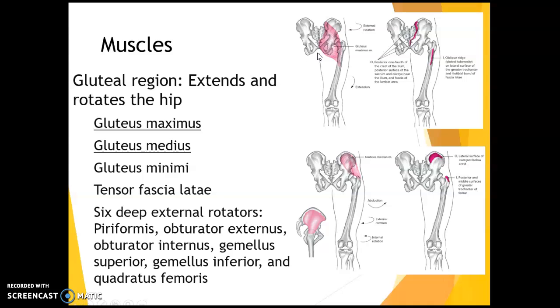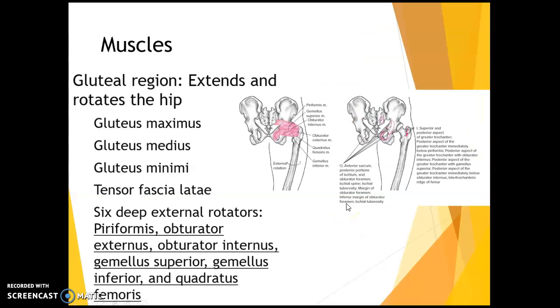What they're missing out on is these are not used as much in external rotation as these. And so when you have somebody who is in valgus, they have a slightly internally rotated femur and it's adducted. So you really want to focus on these first, right?